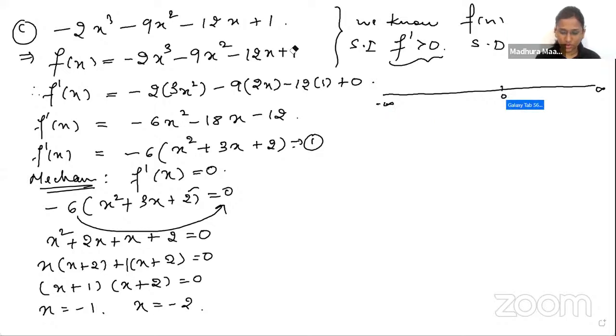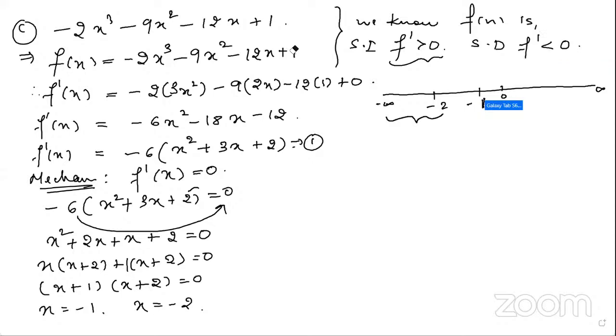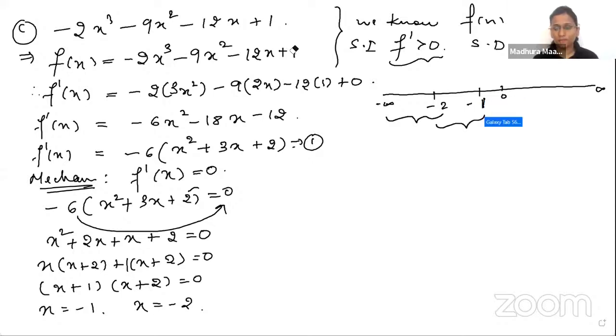Okay, since we got 2 roots, we will plot them. Say if this is 0, then this is your minus 1 and this is your minus 2. Correct? So tell me, what are the intervals now? One is minus infinity to minus 2, not minus 1, right? Yes, ma'am. Okay, then minus 2 to minus 1, and minus 1 to infinity.